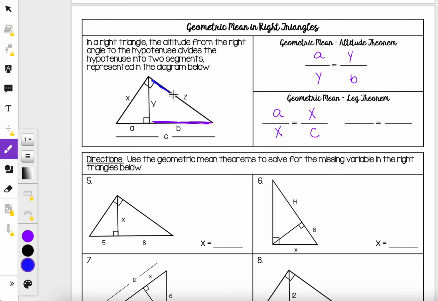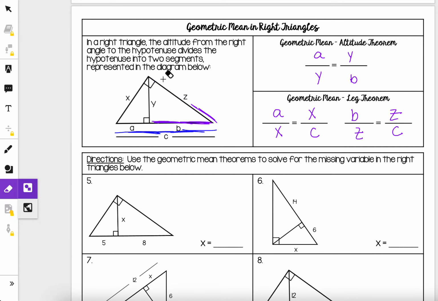The long leg over the hypotenuse is equal to my long leg over my hypotenuse. So B over Z equals Z over C. All right, so now I can see that Z is the geometric mean between B and C.